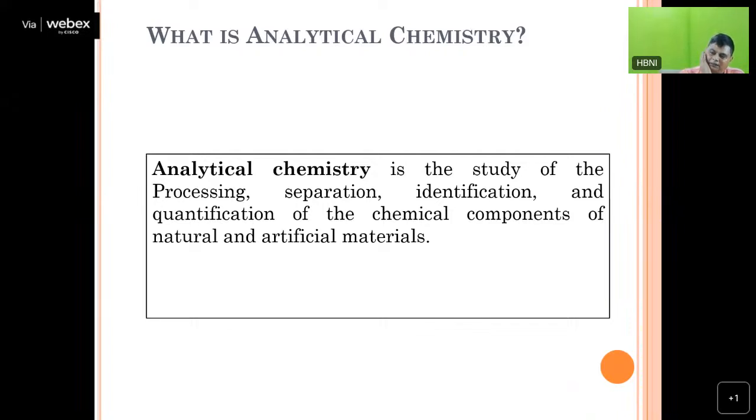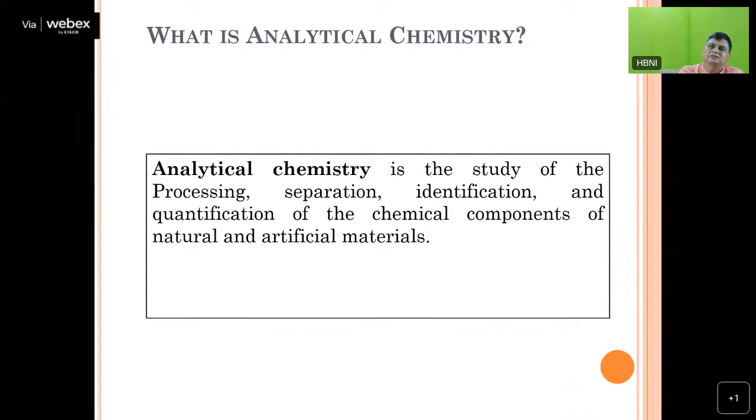That's why I include in this lecture the sample collection, processing, and then separation, identification, and quantification of the chemical components of natural as well as artificial materials. So this is the broad definition of analytical chemistry.